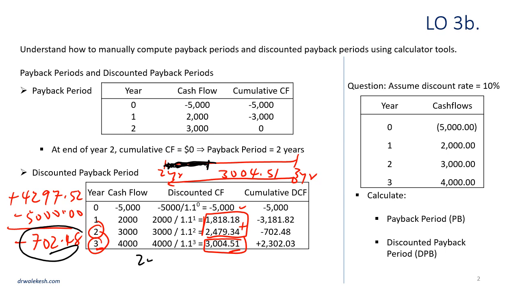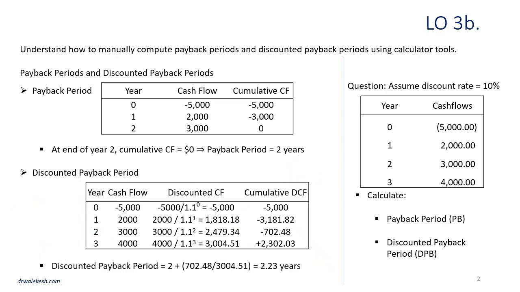So the payback period will be 2 years plus 702.48, that's this amount, divided by the whole of what was generated in this period, which is 3,004.51. If you solve for that, you should have 2.23 years.